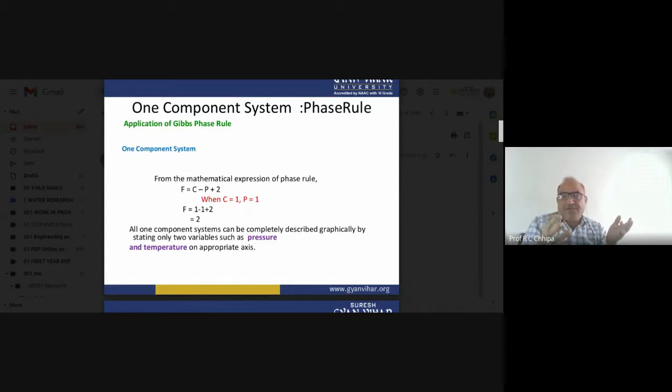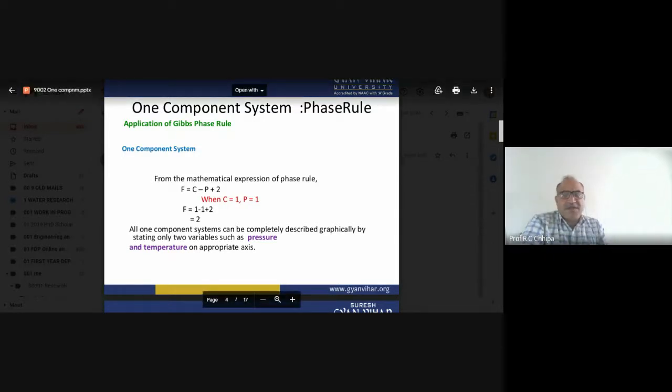Now, if the temperature is very low, going back to 0 degrees centigrade, what happens? The water is converted into ice. So in the water cycle, the water vapors are converted into water, or somewhere they can be converted into solid. Therefore there is the application of the phase rule in a one component system.